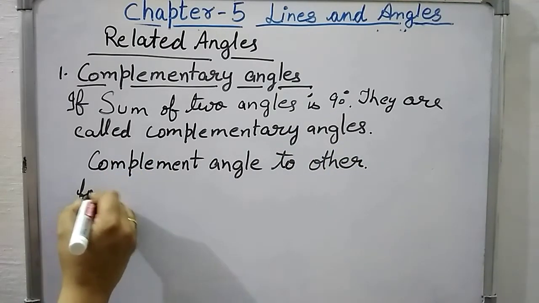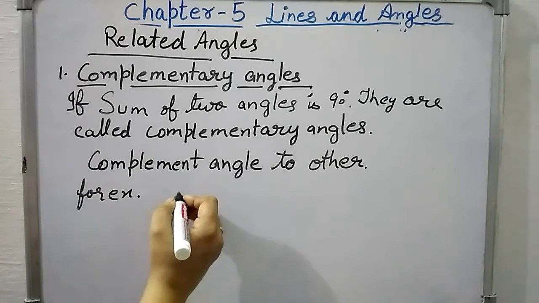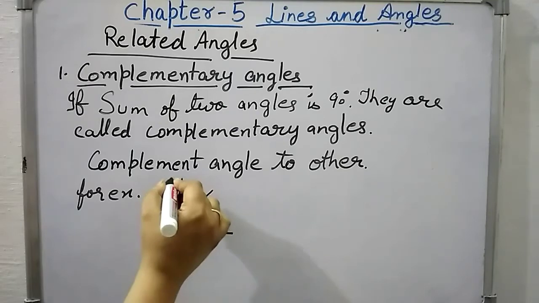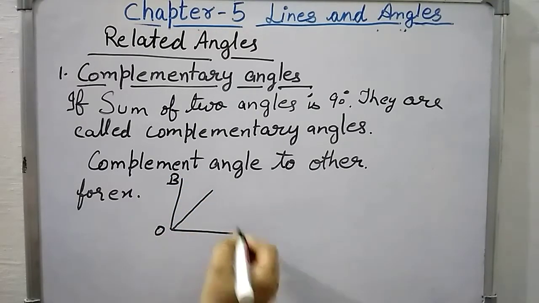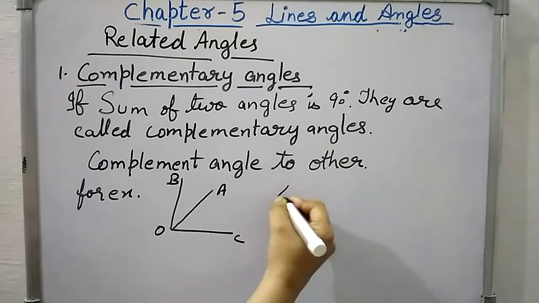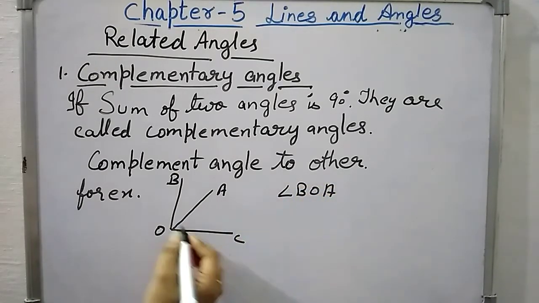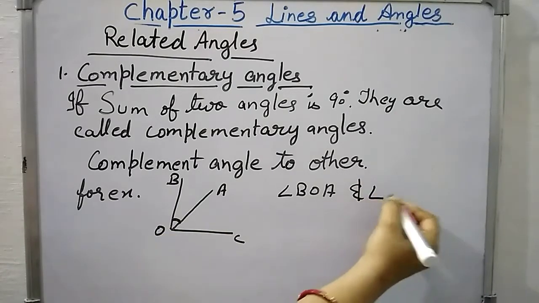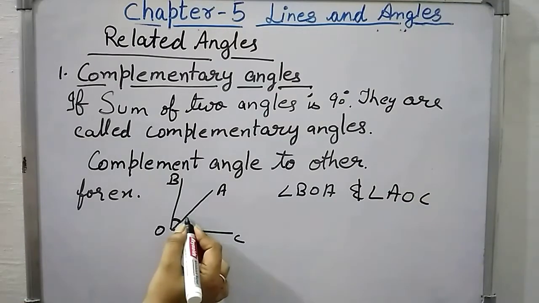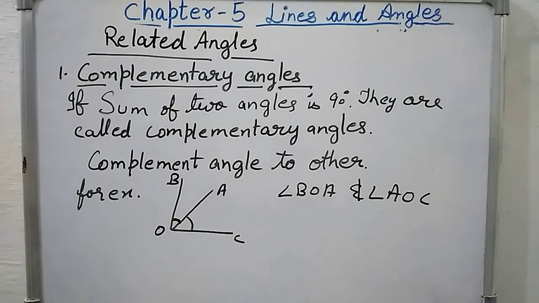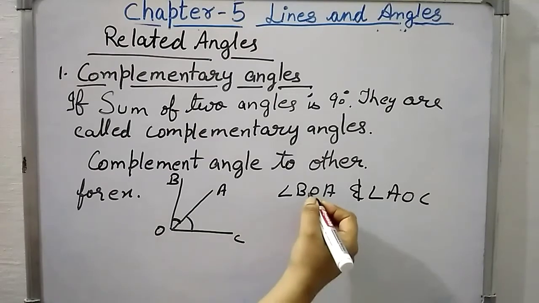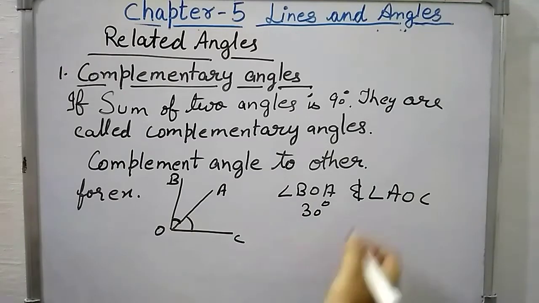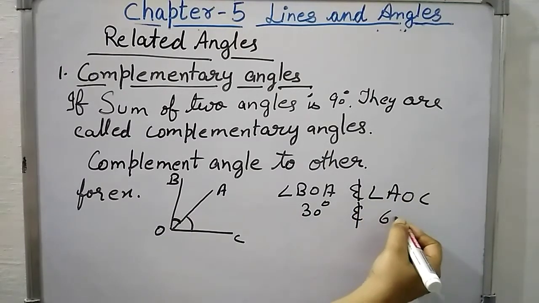Now for example, we have two angles. This is angle BOA, and angle AOC, this is angle AOC. And the value of angle BOA is 30 degree and angle AOC is 60 degree.